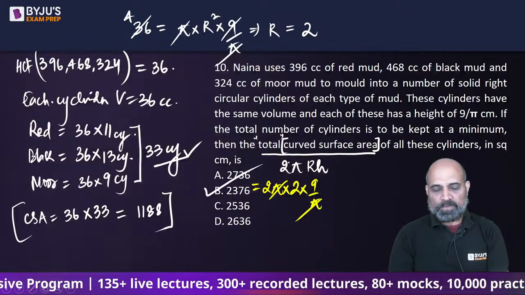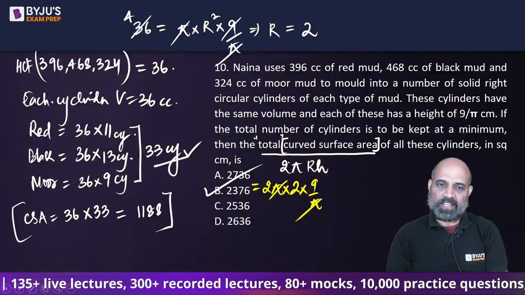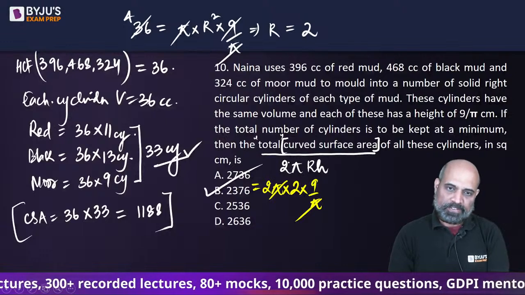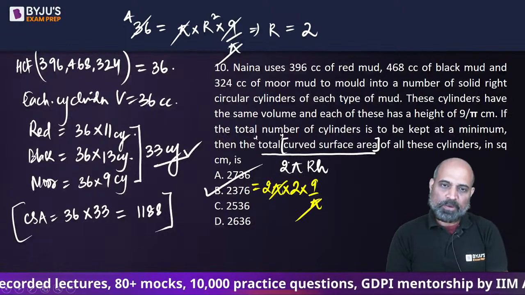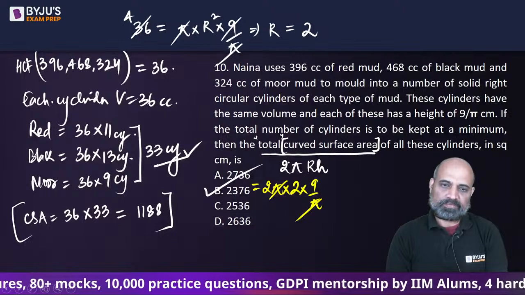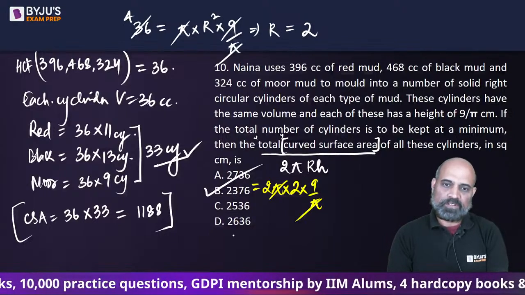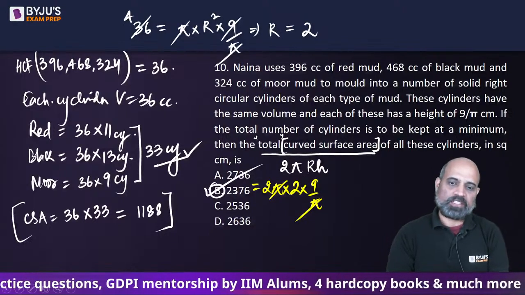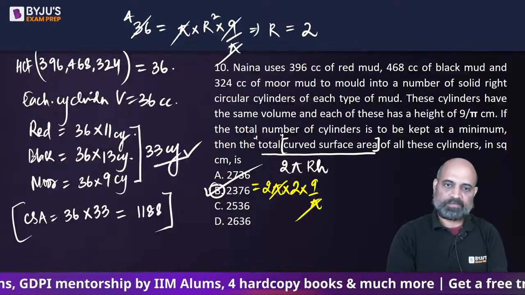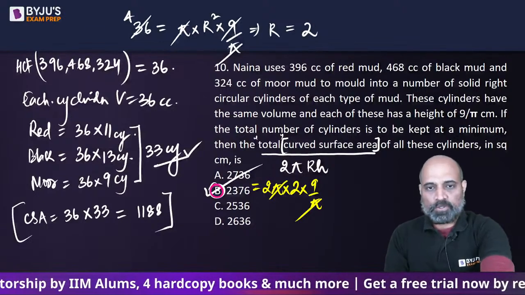Can we say B option makes sense because it's in the table of 1188 or it's in the table of 11? Do we have any option which is in the table of 11? No, only B option is in the table of 11, right? And there isn't any other.